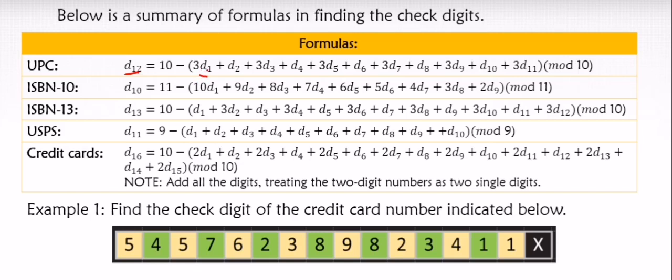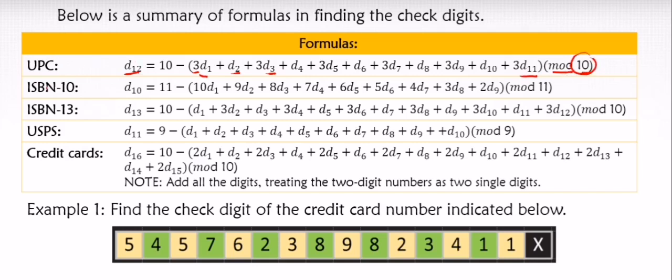So D1 is the first digit, imumultiply mo sa 3, plus D2, second digit, plus 3 times D3, third digit, plus D4. Alternate lang yan. May 3 lang yung una, then next wala, sunod meron, then wala, then meron. Then sa dulo, hanggang makaabot tayo sa 11th digit, and then mod 10. Laging 10 to. Modulo 10.